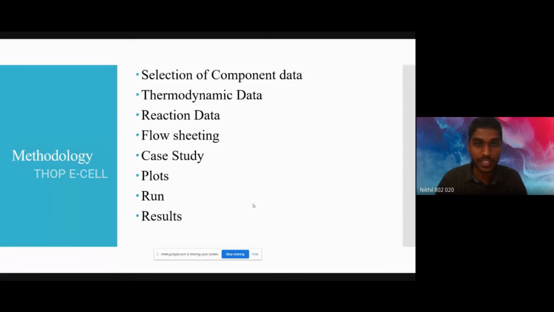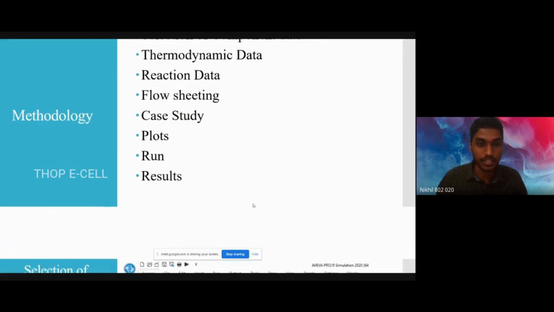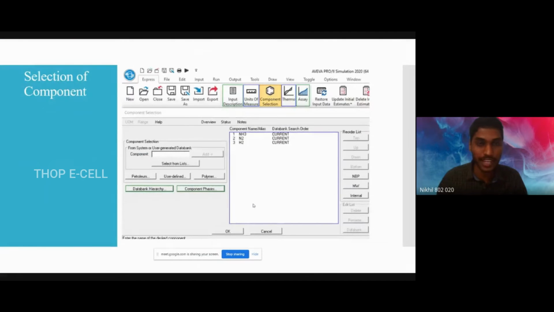This is the methodology we used. Initially, we select the components from the component data and define the thermodynamic data and reactor data, and then build the flow sheet, and we have used the case study and plots feature from Pro2, and we have run the simulation and obtained the results. So this is how we select the components.